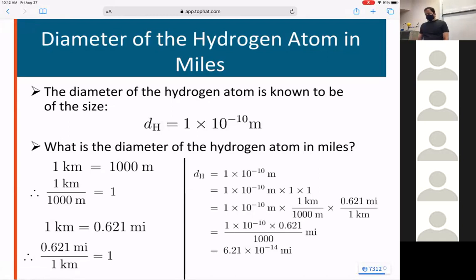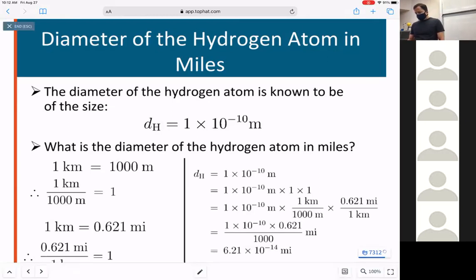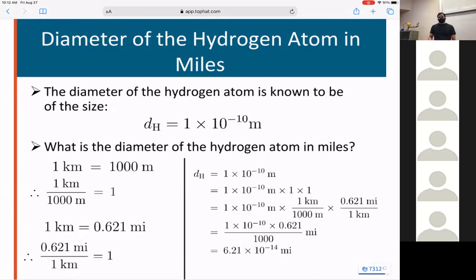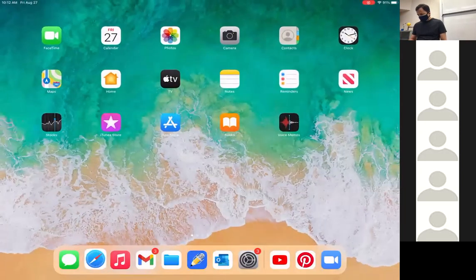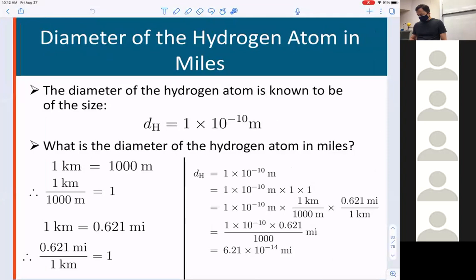Basically, this is one way of doing it, where I know how to go from meters to kilometers, and then from kilometers to miles. Let me switch screens here. What I'm doing is multiplying by 2 factors of 1. The first factor of 1 is 1 kilometer divided by 1,000 meters.